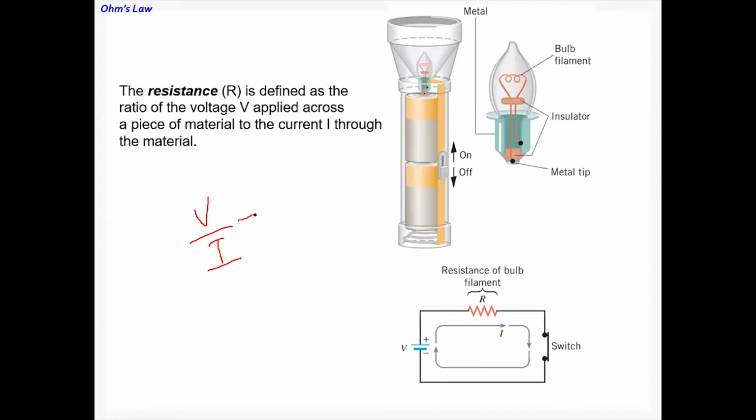You get a constant number. That's called R, which is called resistance.